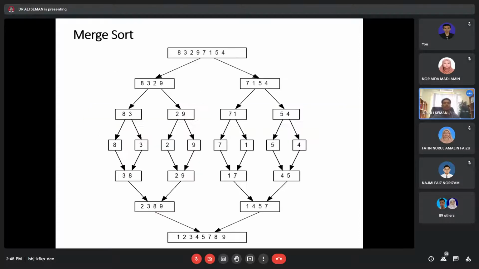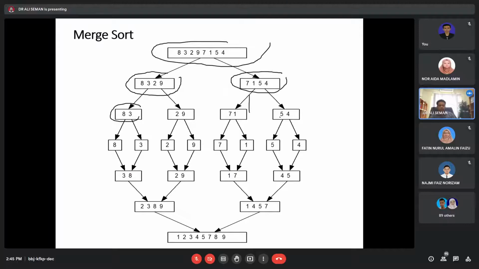The third example, also sorting, is merge sort, using the same concept of dividing into two. Let's say we have the array here, and divide it into equal halves. These are 4 elements, and these are also 4 elements. Divide into half, and divide again.